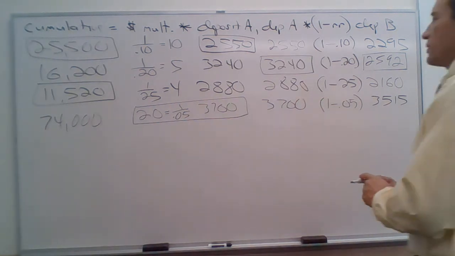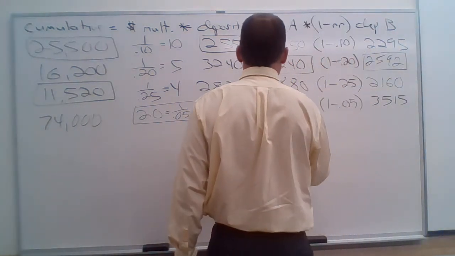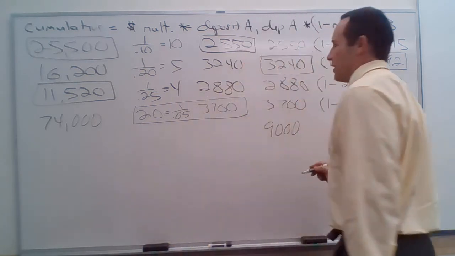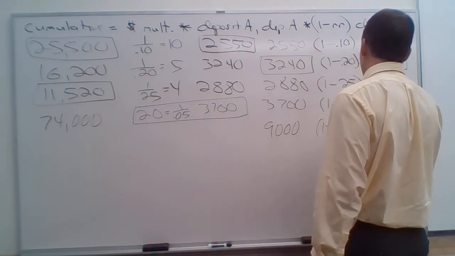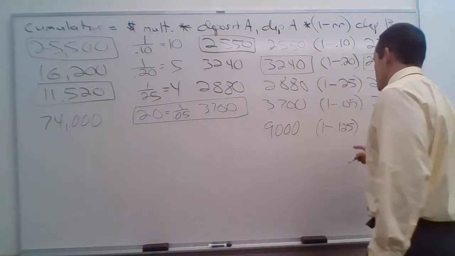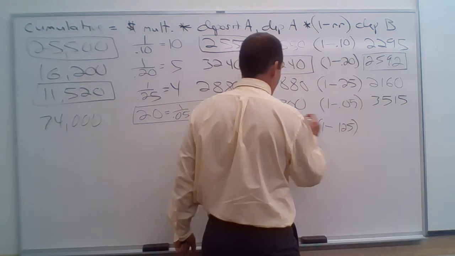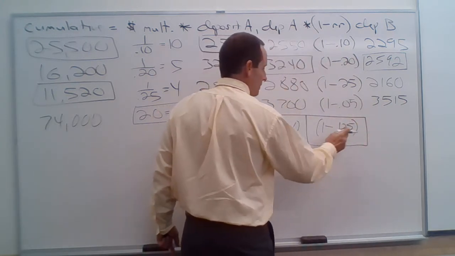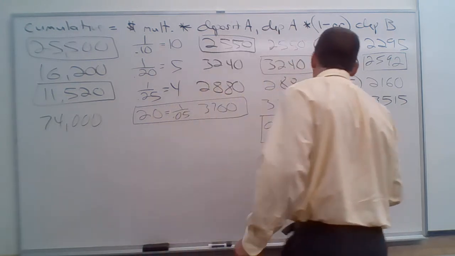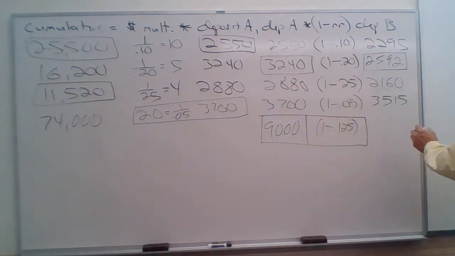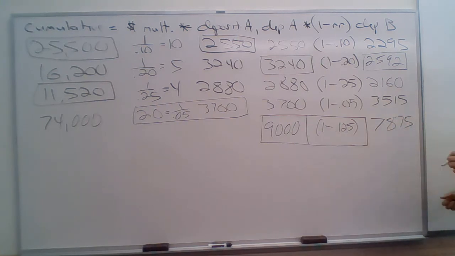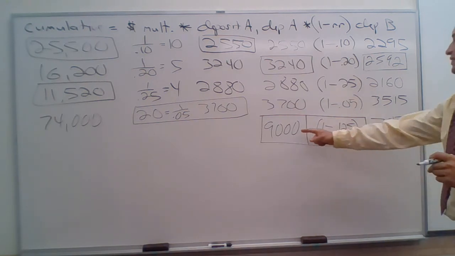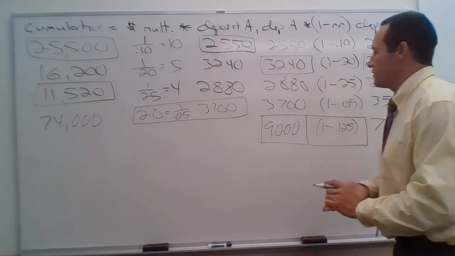Okay, what about 9,000? Let's say we have an initial deposit of 9,000 and we are allowed to lend out 87.5%. So that means 12.5% is the reserve ratio. Okay. So 87.5% of 9,000 is 7,875 that passes through.